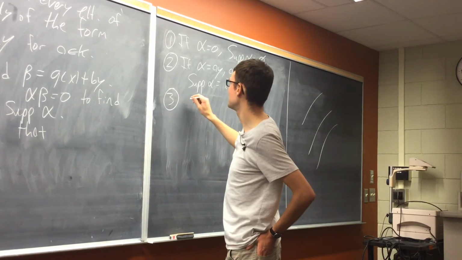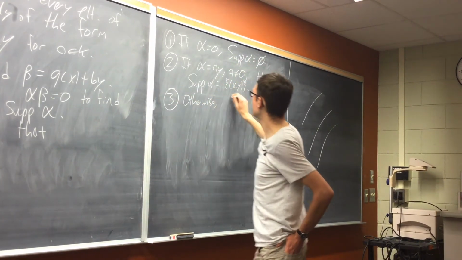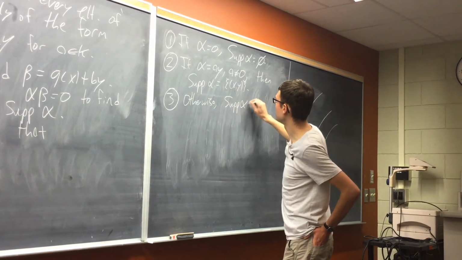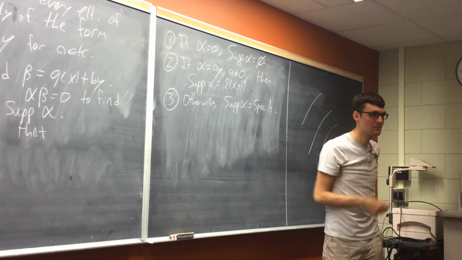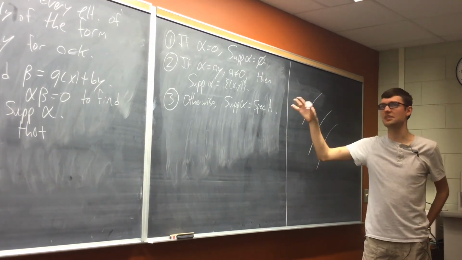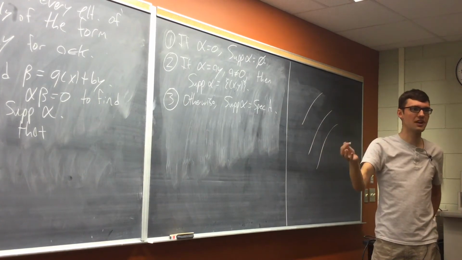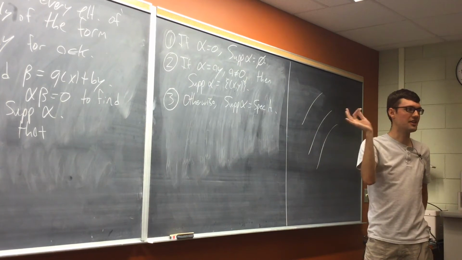And three, well, otherwise, the support of alpha is the whole spec. For various reasons there are actually two subcases here. It could be that alpha is just annihilated by multiples of y, but those live in all the ideals, so I can't annihilate them.